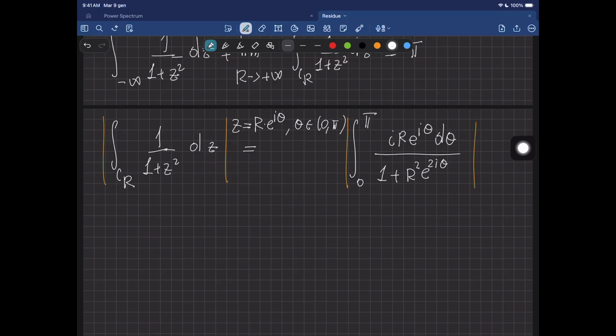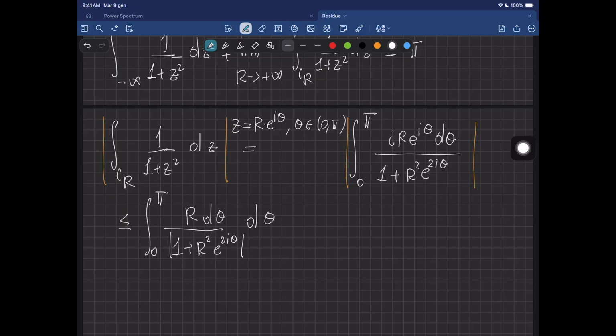And now we estimate this is going to be less than or equal to the integral between 0 and pi. I bring the absolute value inside, so it's going to be r d theta divided by the modulus of 1 plus r squared e to the 2i theta, d theta.